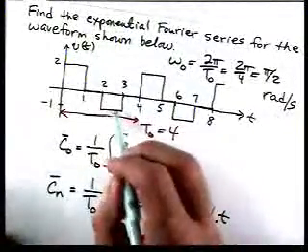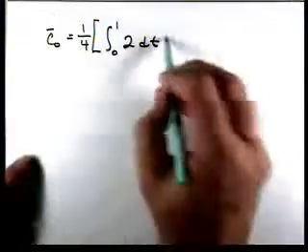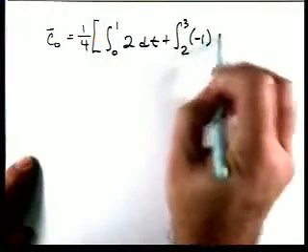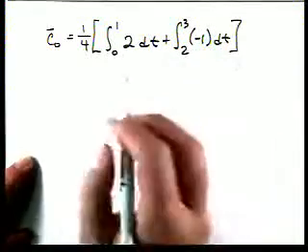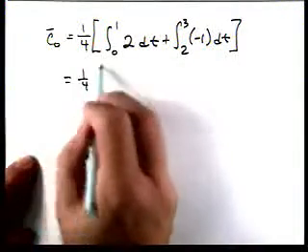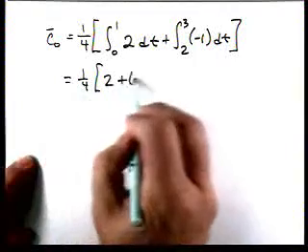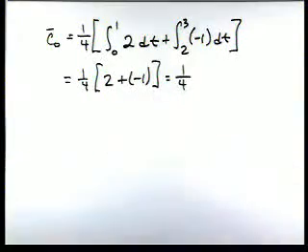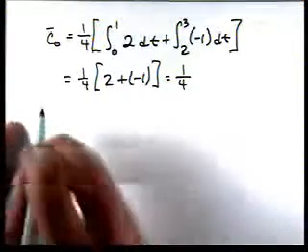And it has a value of minus 1 from 2 to 3. So we have the integral from 2 to 3 of minus 1 dt. So we have 1/4 times 2 plus a minus 1. So that tells us that C0 is 1/4.